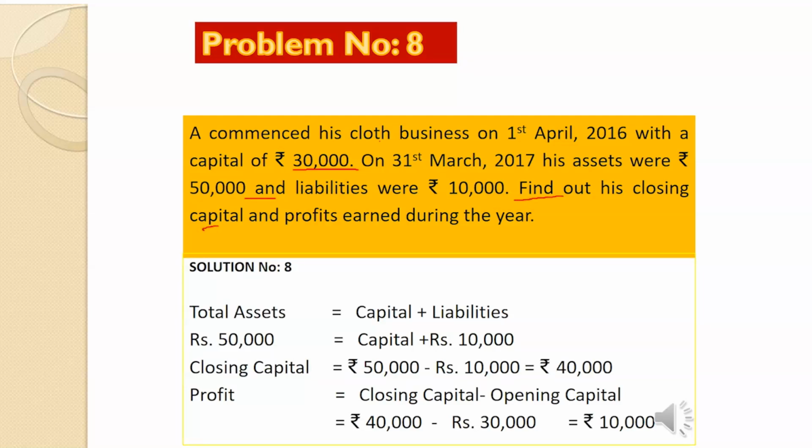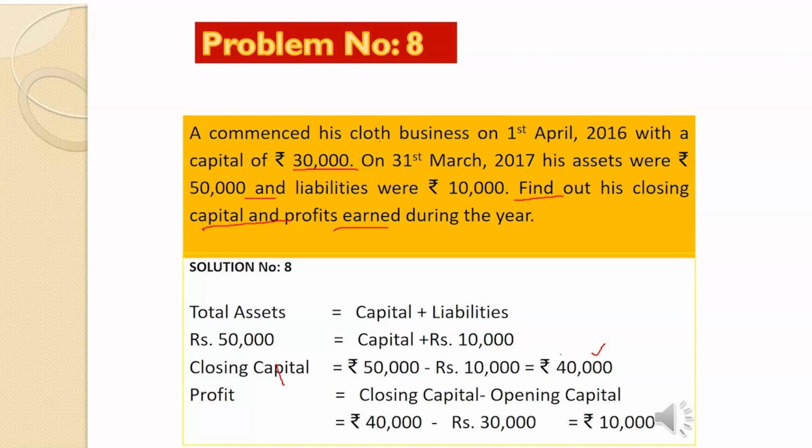Now we have to find out the closing capital and profit. So what is the formula here? Total assets is equal to capital plus liabilities. Total assets 50,000 is equal to capital plus 10,000 liabilities. So closing capital is equal to 50,000 minus 10,000, which is 40,000.